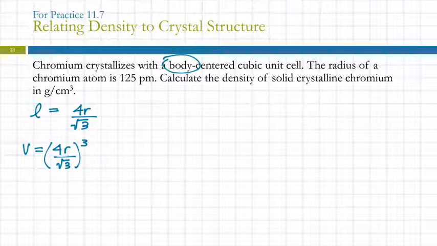But this time it's asking us for the density. What's the equation for density? Mass divided by volume. Well, here's a volume. That's the volume of 1 cubic unit cell. Could we find the mass of 1 cubic unit cell?